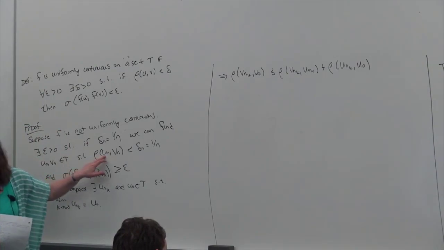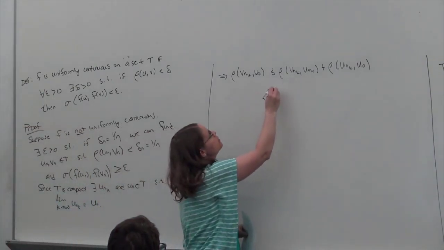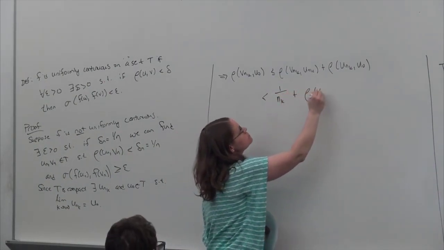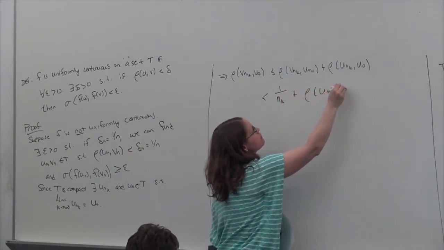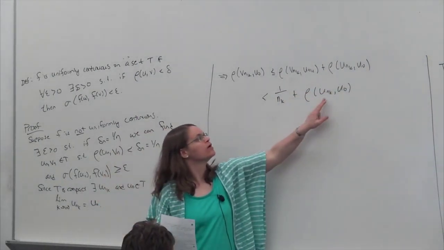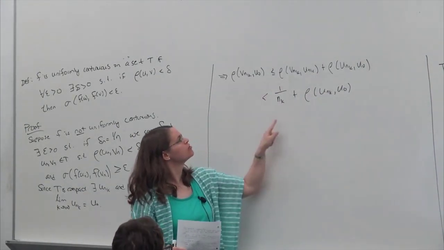All right, the distance between the u_n and the v_n is less than 1 over n. Okay, and this is something that we can make as small as we like. We know that as k goes to infinity, this goes to 0, this goes to 0.